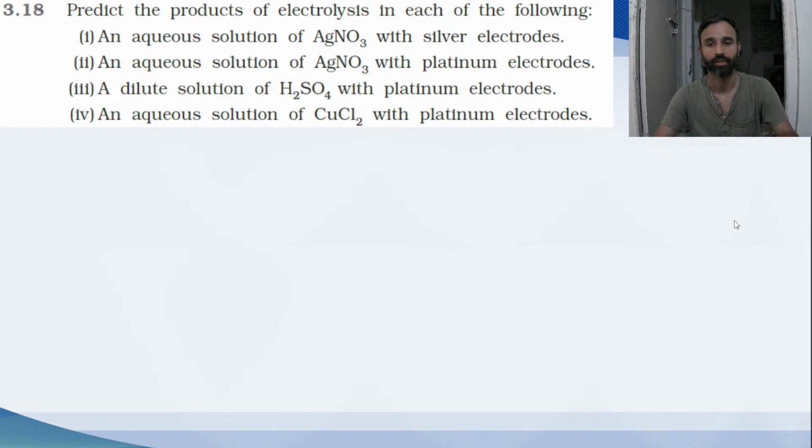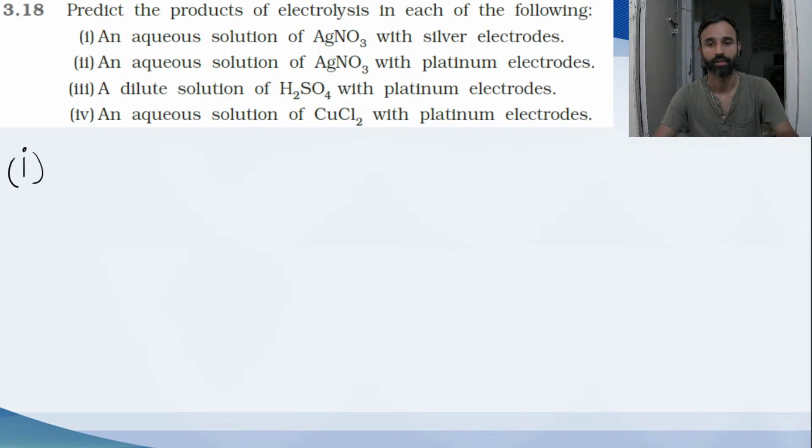Predict the products of electrolysis in each of the following. First one is an aqueous solution of silver nitrate with silver electrodes. And second one is an aqueous solution of silver nitrate with platinum electrodes.